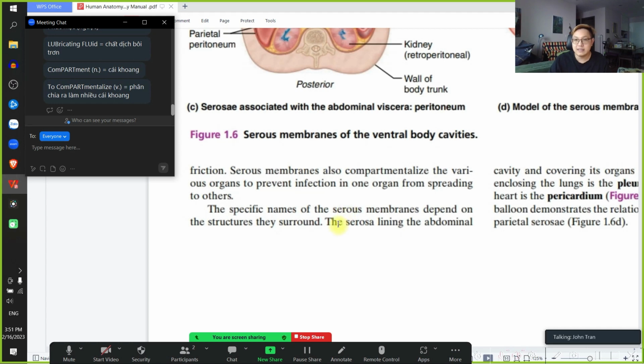Like for example, if you have an infection happening because you ate something wrong or because of food poisoning, that bacteria will be hard to spread to, let's say, the kidney, for example, or other things. If the infection spread easily, you're dead. You're so dead, and the body will have a very hard time fighting the infection, you know.